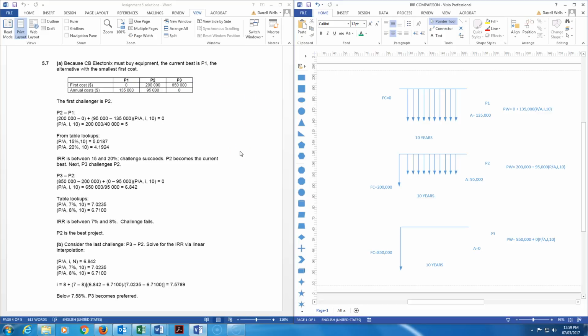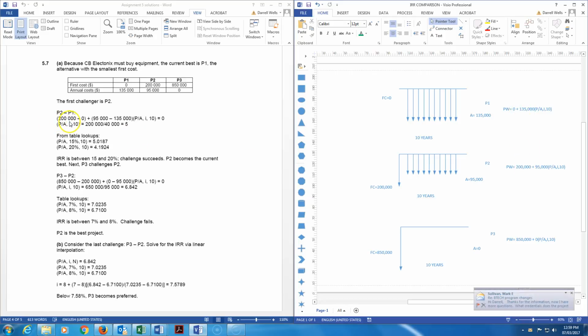The first thing we need to do is challenge each project against each other to find the incremental rate of return for each alternative. So project number 2 is going to challenge project number 1. Basically, all you do is take the 2 formulas that you derived for the present worth of each of these options and subtract project number 1 from project number 2.